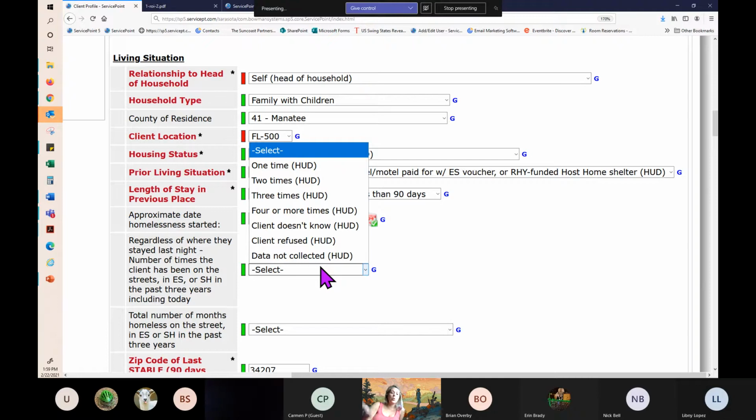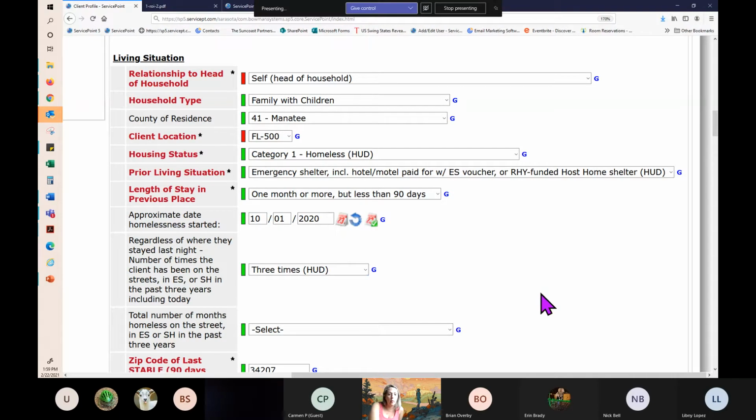This will give us a robust idea of the client's previous homeless experience. So this client is going to report that in 2018, they were homeless for about 6 months, in 2019, another couple of months, and then since October of 2020, they have been homeless.